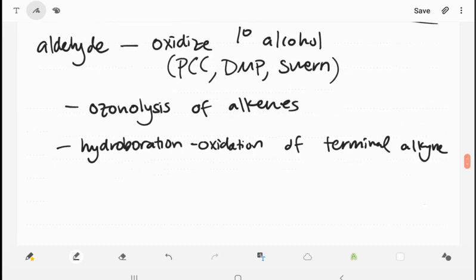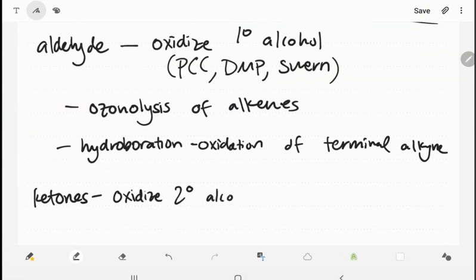Ketones, you can oxidize a secondary alcohol using all sorts of the same reagents as above. PCC, DMP, Swern will all oxidize your secondary alcohol to a ketone.